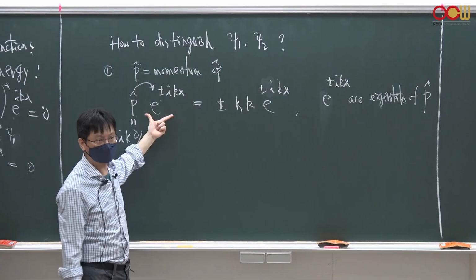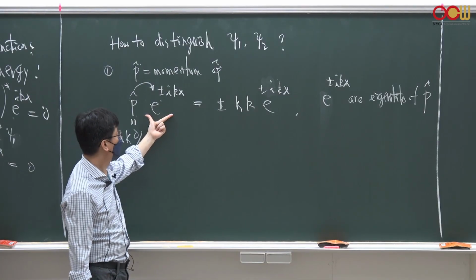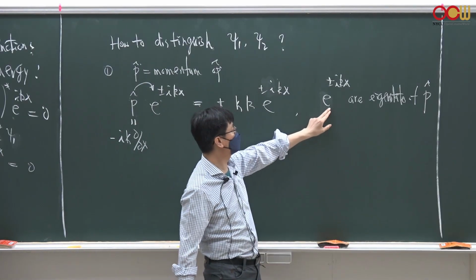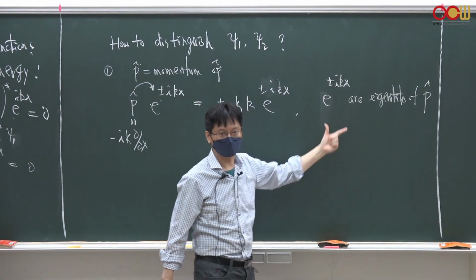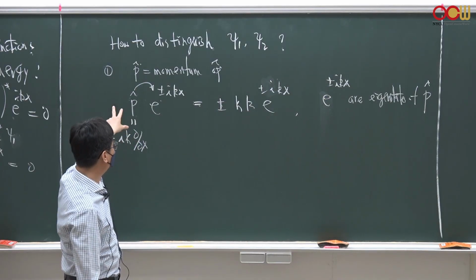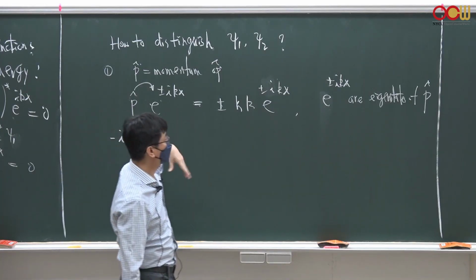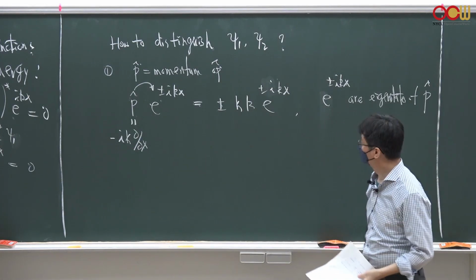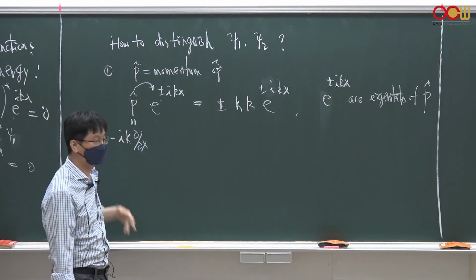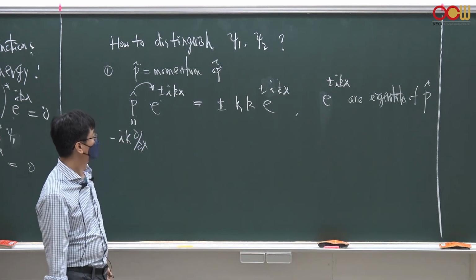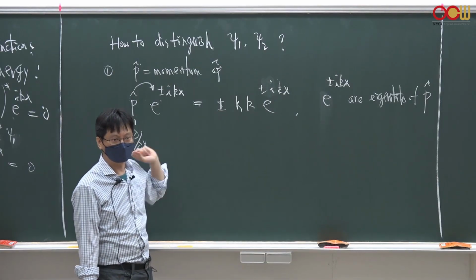So this satisfies the eigenvalue equation. As a result, the states e to the plus minus ikx are eigenstates of the momentum operator. To distinguish them, you need to apply the operator. These degenerate states are also eigenstates of that operator, so that you could distinguish these two.